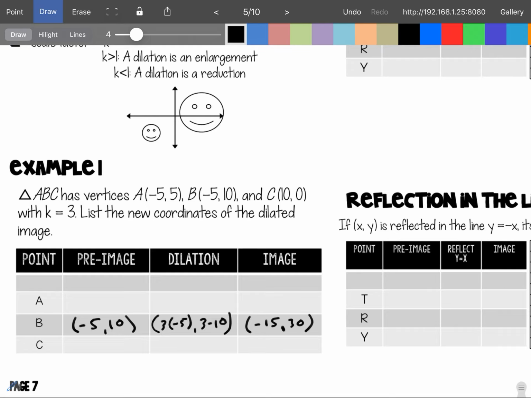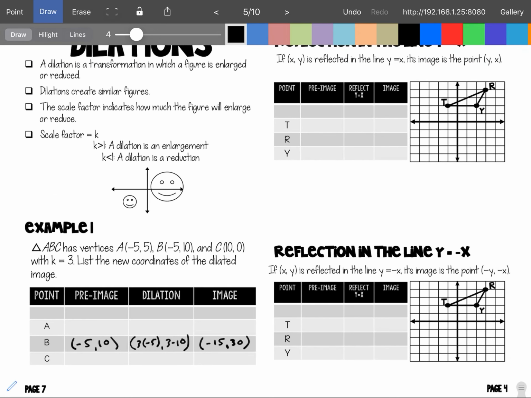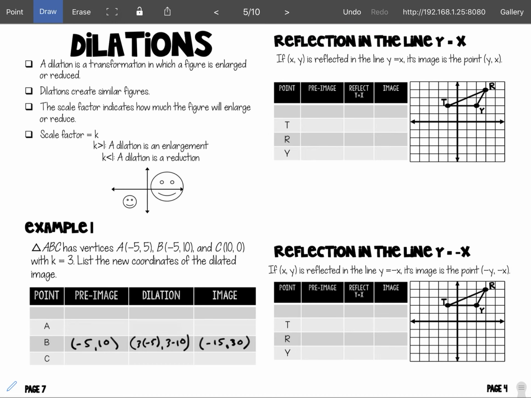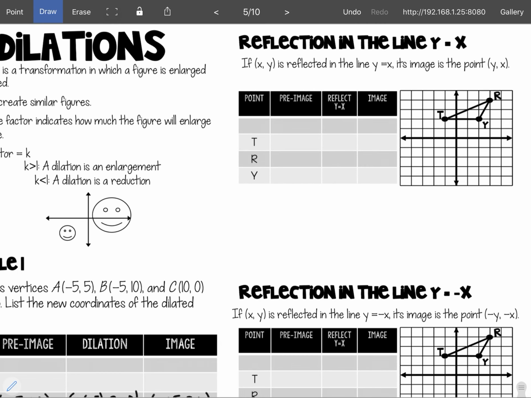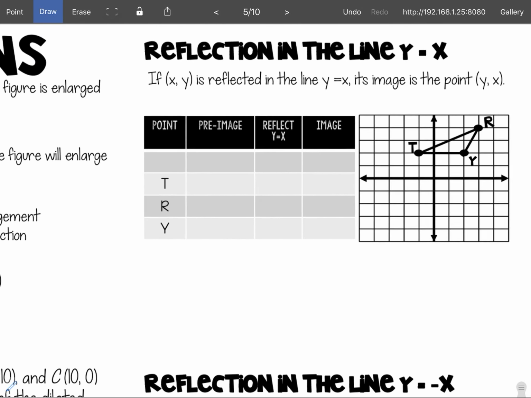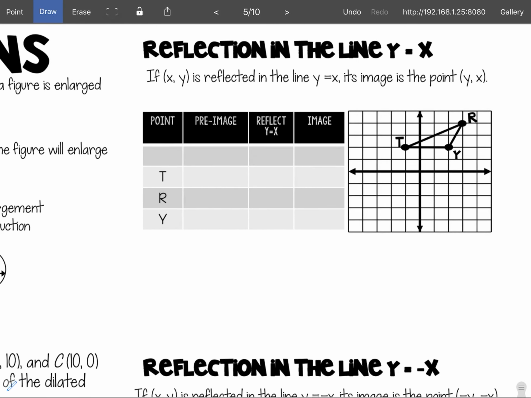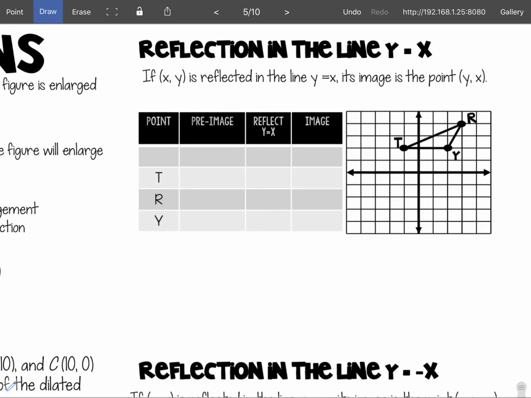So then let's try these other 2 reflections since this stuff is all mixed up here. So let's try this up on the upper right here. Let's try a reflection over the line y equals x. So this one right here. Okay, so the rule for this one, again, you're going to take a test on this, but you're going to have this packet and you're going to have all these rules.